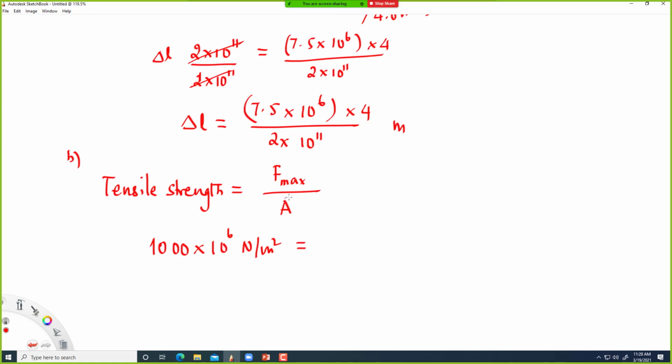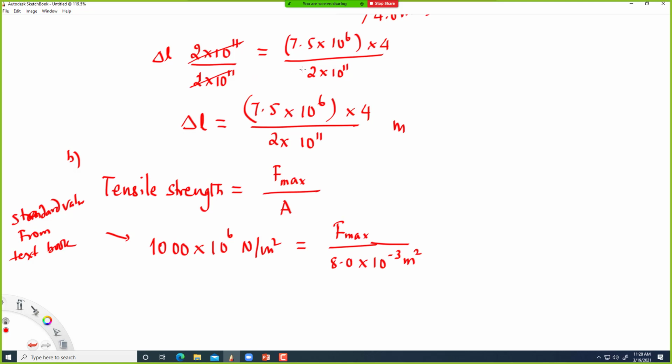And then the maximum force is what we want to find. The area of the beam is 8 times 10 to the negative 3 meter squared. This is the standard value from the textbook.